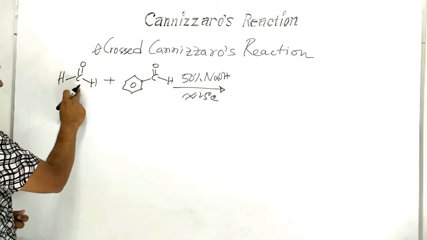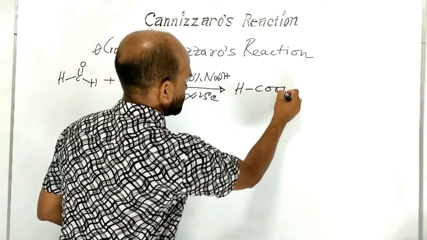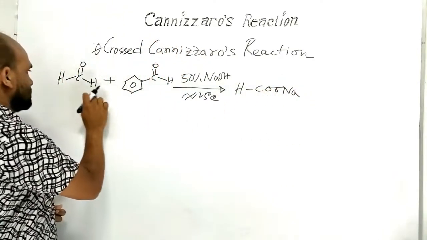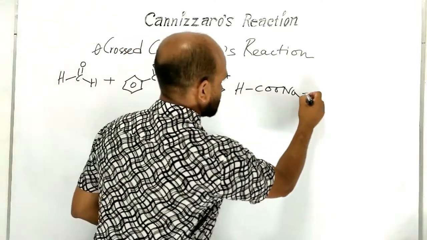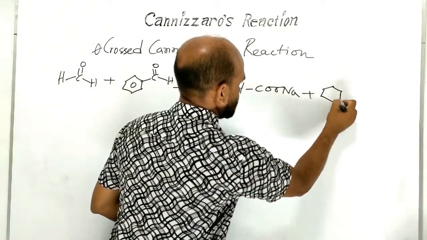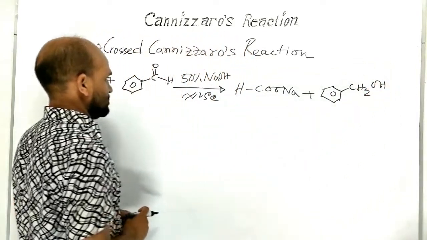Then formaldehyde turns into sodium salt of formic acid through oxidation. This is compulsory. And benzaldehyde turns into benzyl alcohol through reduction.